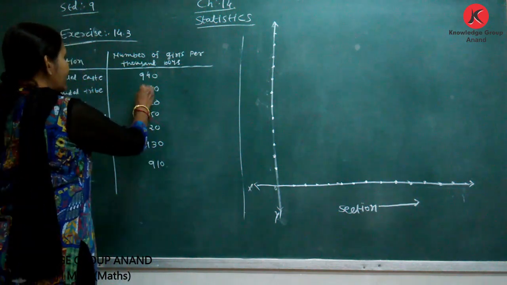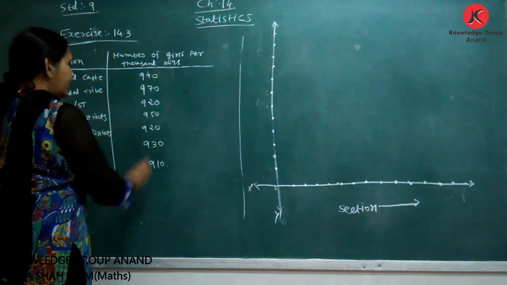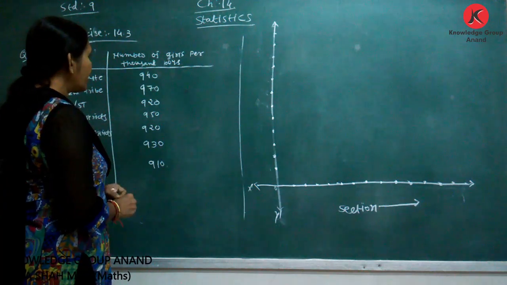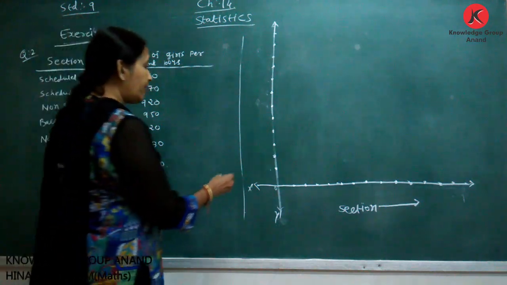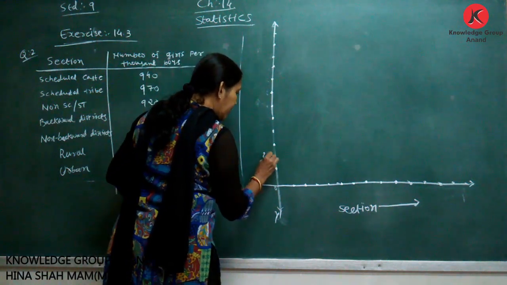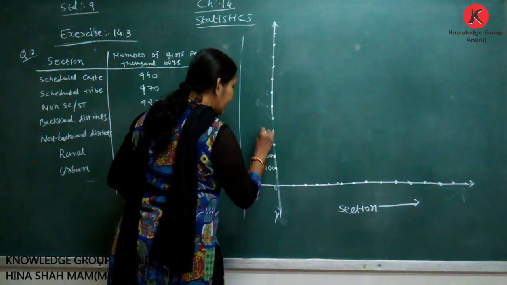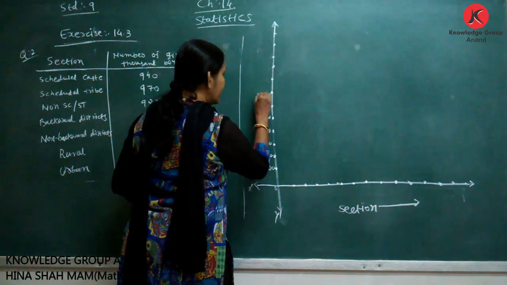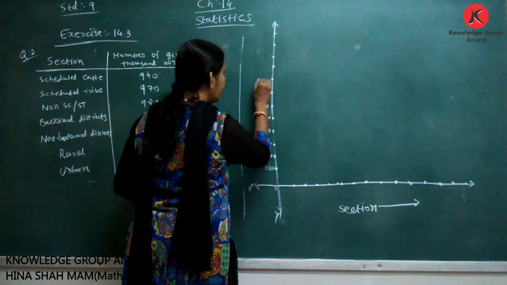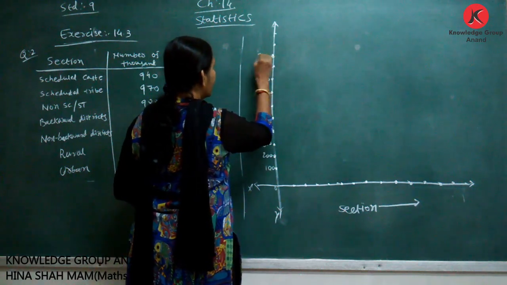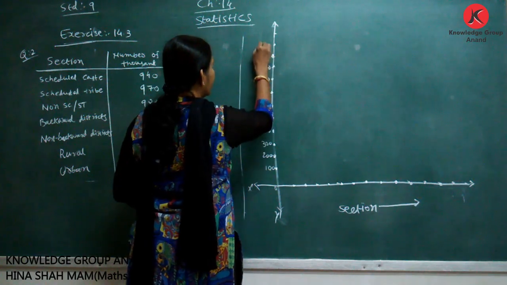The values are 940, 970, 920, 950, and the base is 900. Taking marks of 100, 200, 300, 400, 500, 600, 700, 800, 900 and 1000 on your graph.